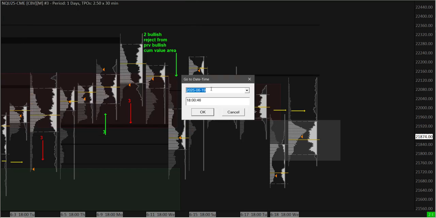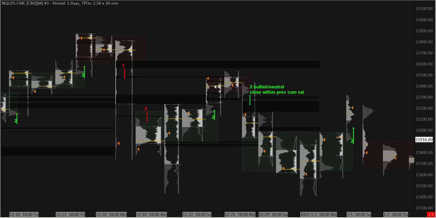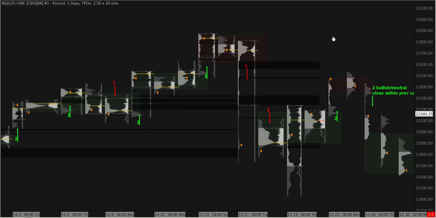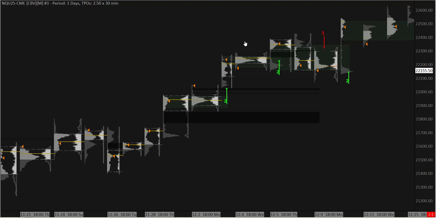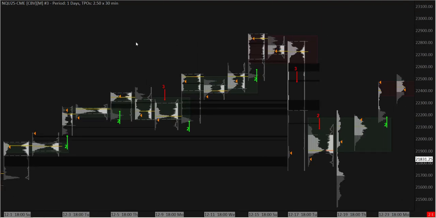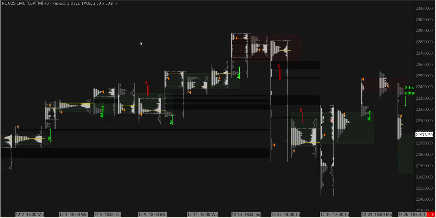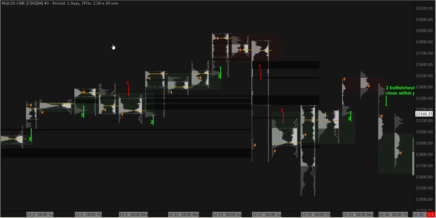For NQ, I did revisit the entire year 2025, maybe a bit more, and we don't have the same strength of signals as on the ES, but there are plenty.